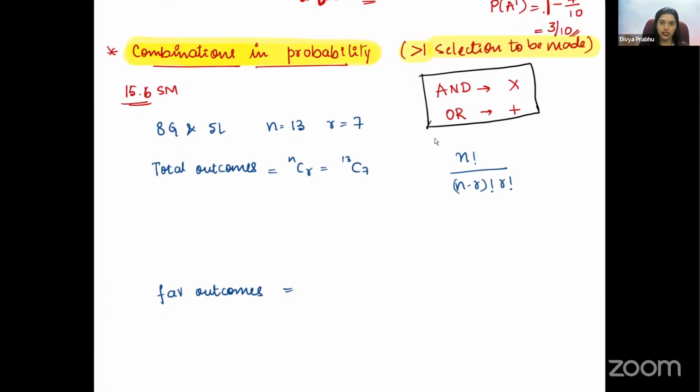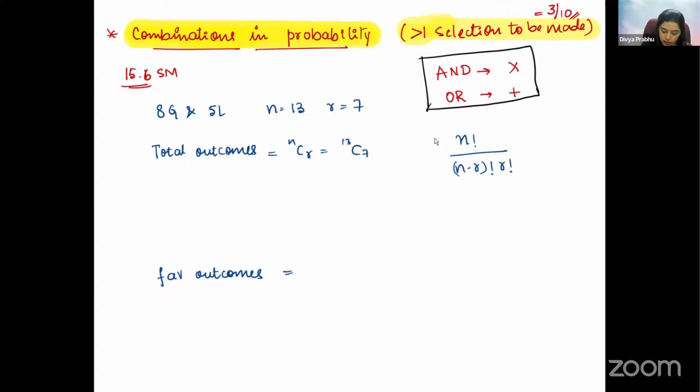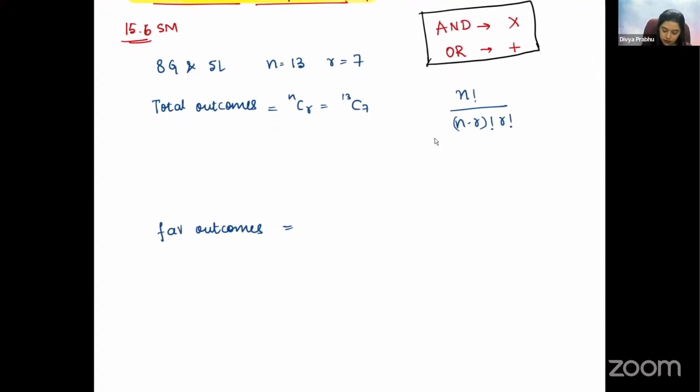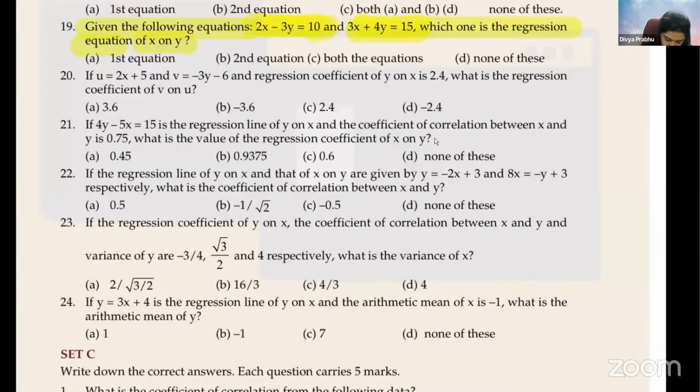In any question where you are making selections, if you have to make more than one choice, more than one selection, that is where you apply the concept of combination in probability. So we'll solve one question, and that's when you'll get a clear understanding of this concept.